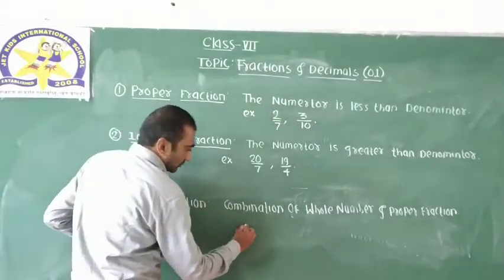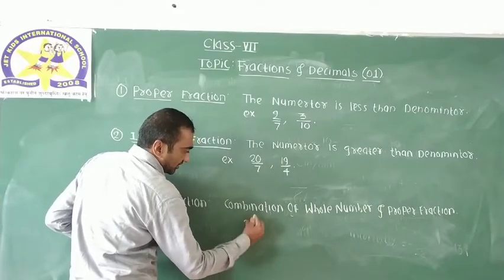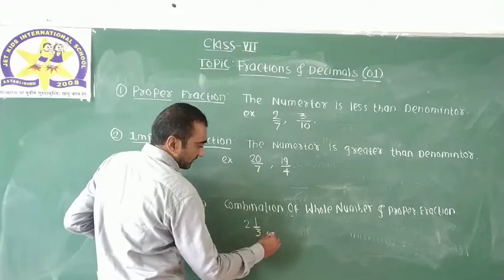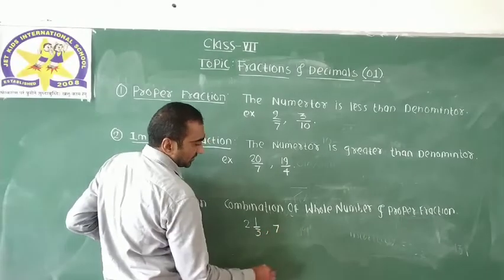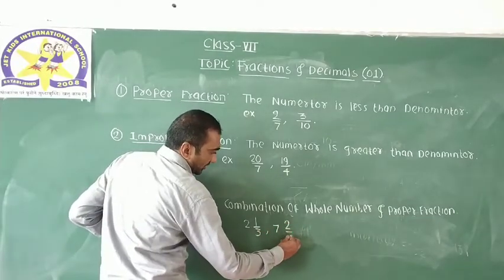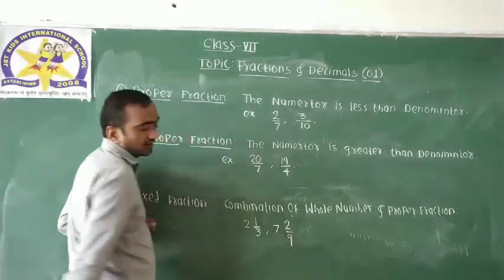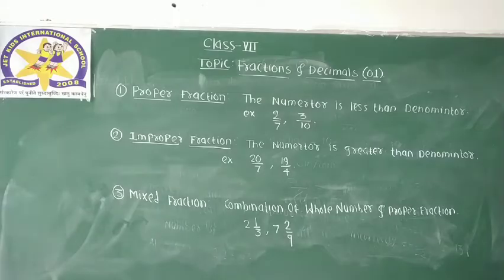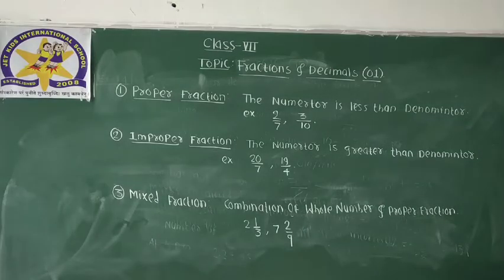Take the example 2 integer 1 by 3. It is a mixed fraction. Also you can take one example, 7 integer 2 by 9. It is also a mixed fraction. It is a combination of a whole number and a proper fraction.